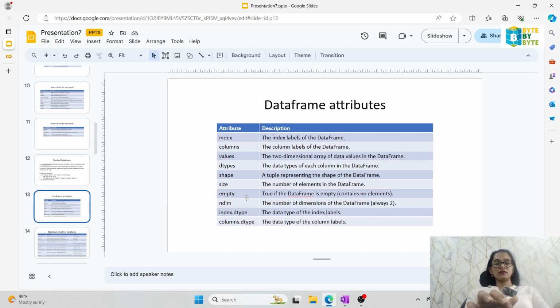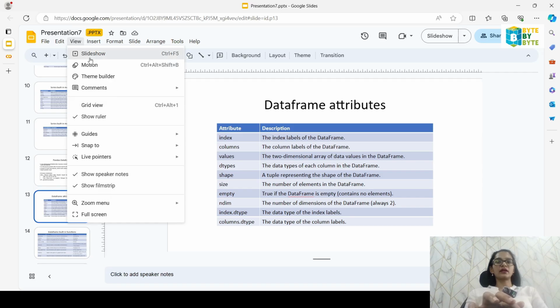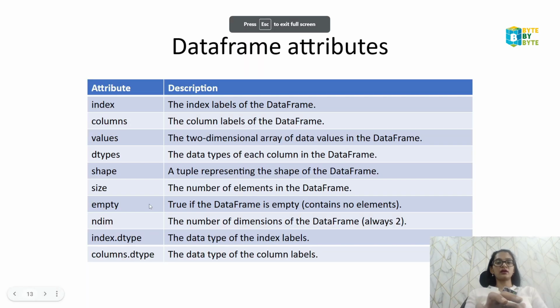Here you can also check whether your data frame is empty or not. If it is empty, it will return true, as there are no elements in the data frame. But if there are elements in the data frame, it will return false. Then you have ndim. Ndim means the number of dimensions of the data frame.